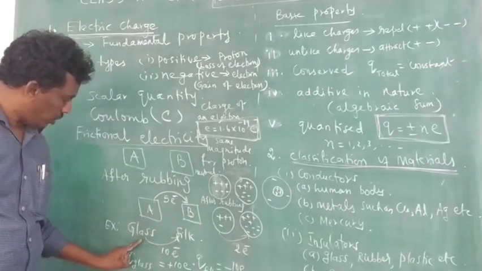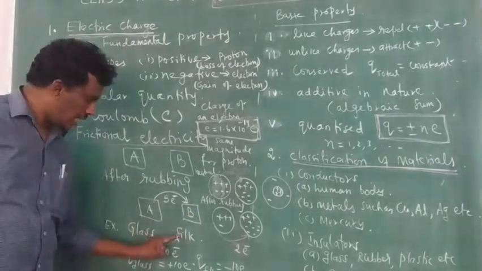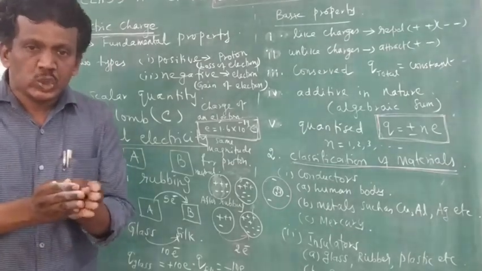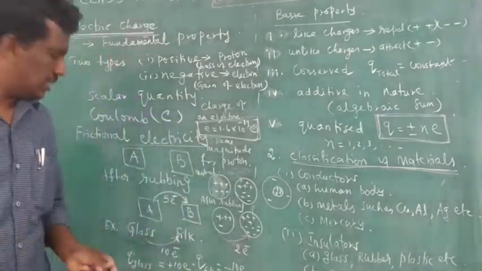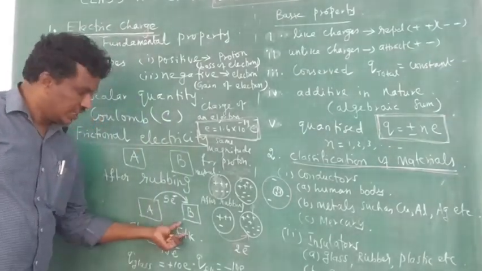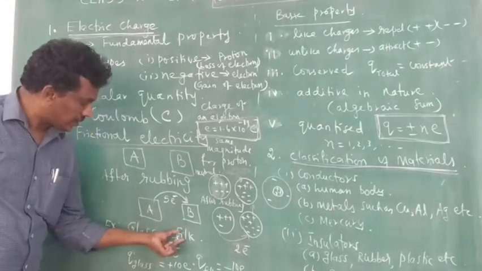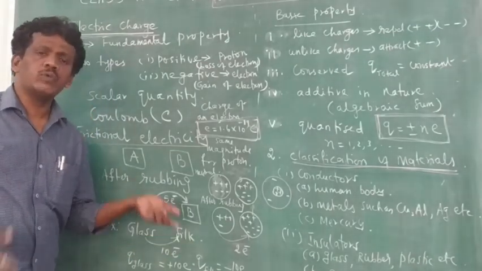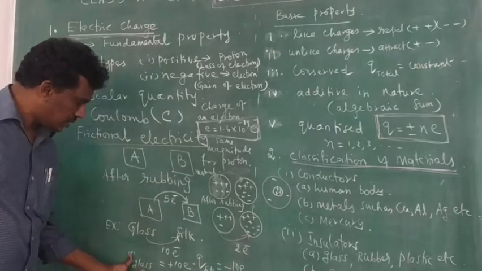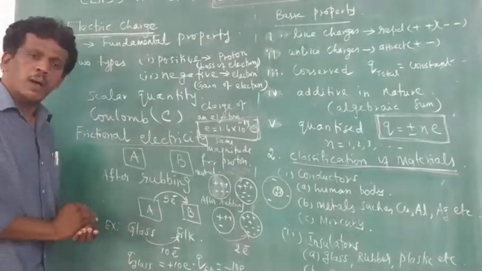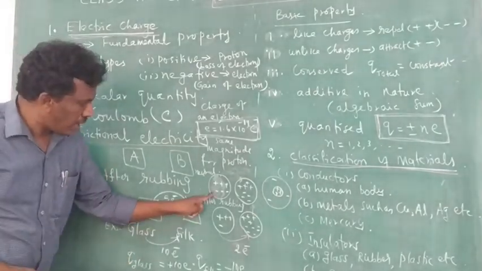Another example I am giving you, a real example, glass and silk. When these two are rubbed against each other, the glass is losing the electron. For example, here 10 electrons are transferred to silk. Then what will be the charge on glass? Automatically the glass becomes positive. Because what happened previously?